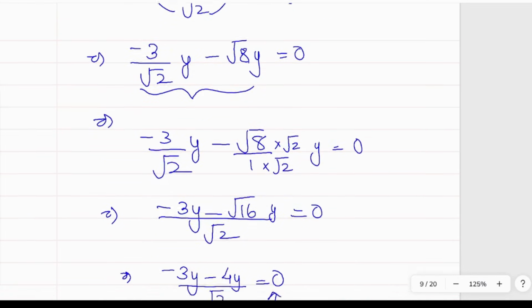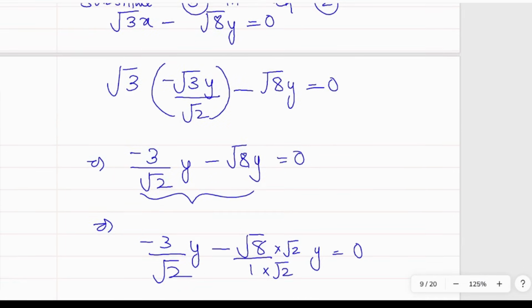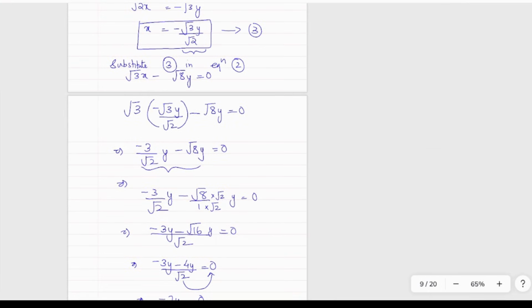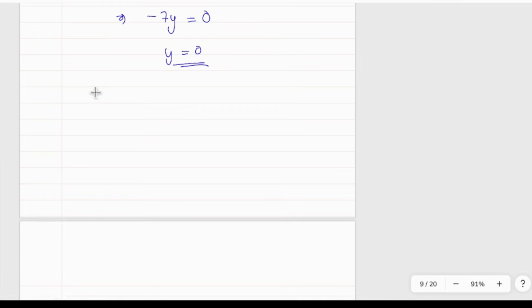Then we have to substitute this in equation 1. It is already understood that if I multiply this number with 0, my x also will become 0, right? Still, I will write that again. What's the value for x here? x is equal to minus root 3y the whole divided by root 2.